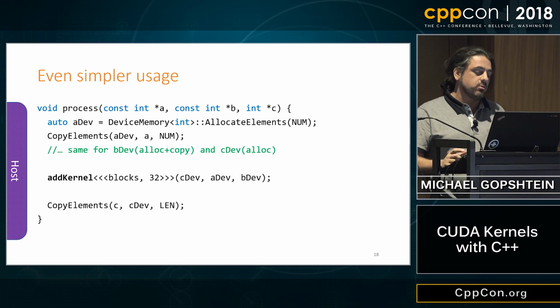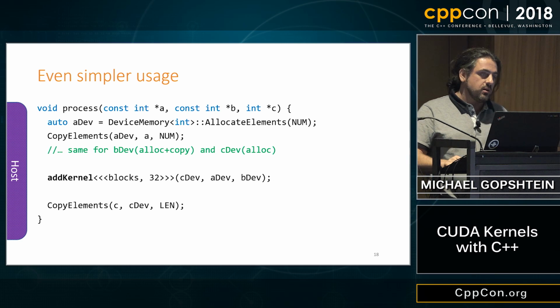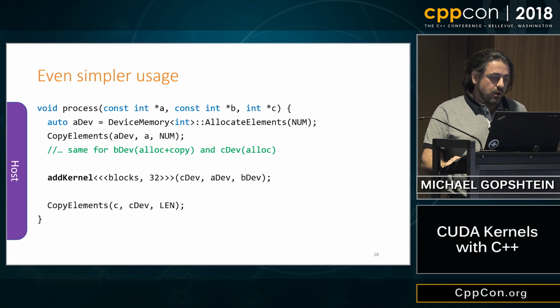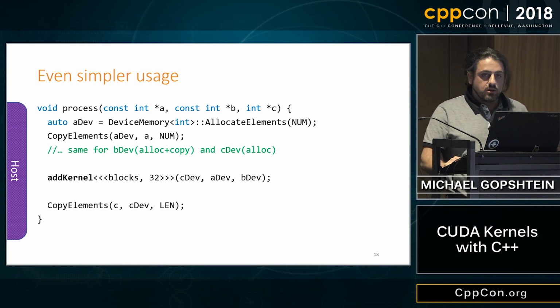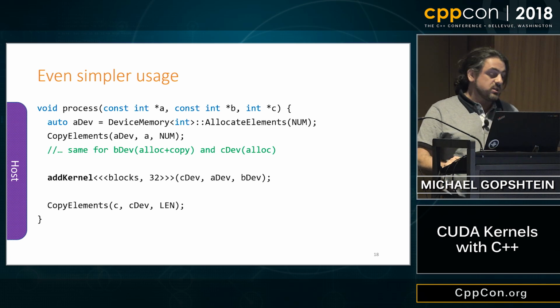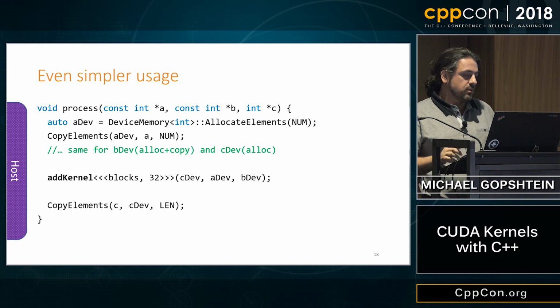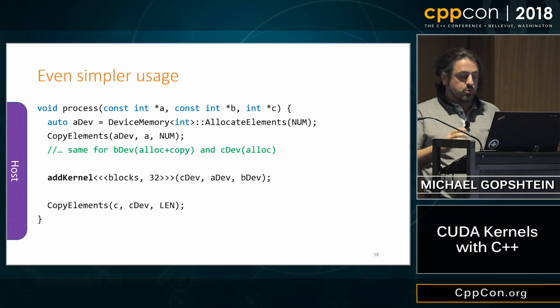We assume that we have some device memory helper class, which can allocate memory for us and also release the memory in the destructor. And then a special copy elements function doesn't need to get a special copy direction parameter. It can be just deduced from the type of the arguments. Right? If we're copying from a pointer in the CPU to a pointer in the GPU, then we can deduce that the direction is host to device.